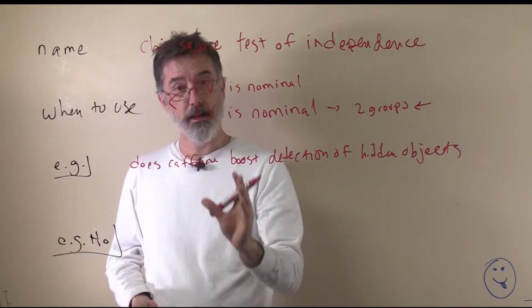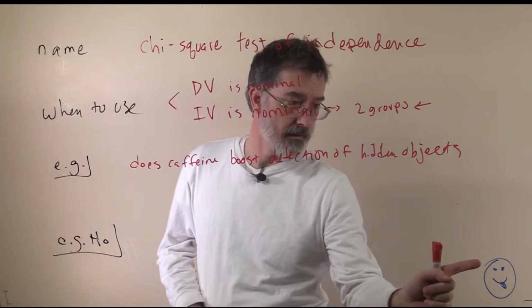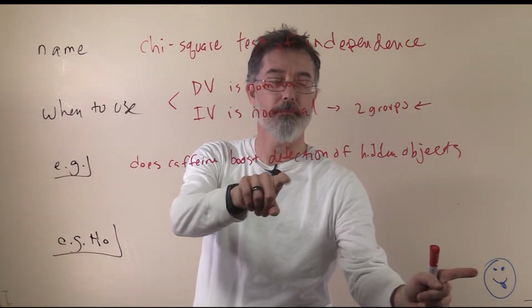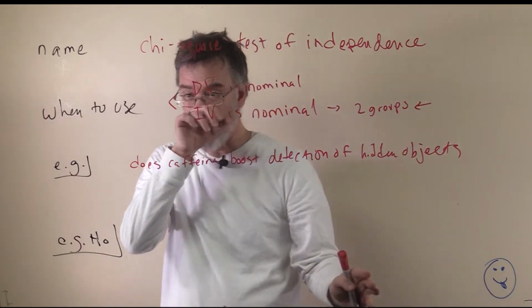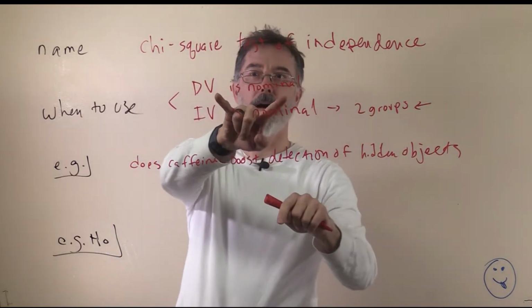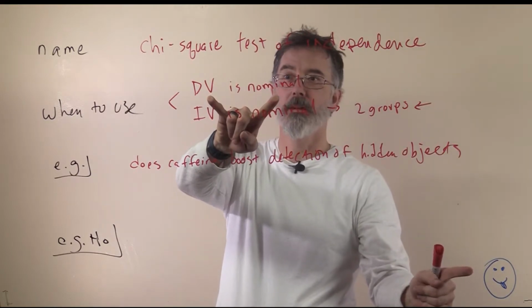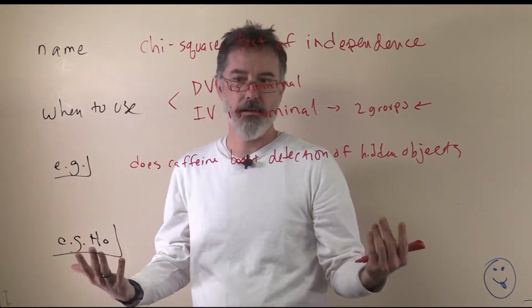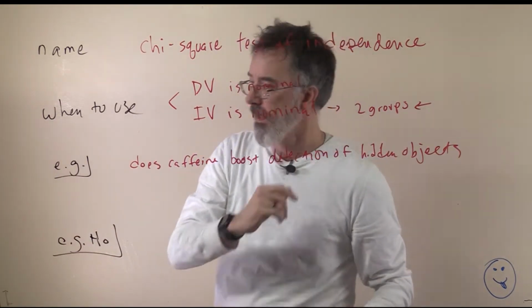And in this particular case, you're the participant because here is the hidden image. If you already noticed this smiley face, then you detected it. If you didn't notice this smiley face, then you failed to detect it. And so that's the outcome variable I'm going to use for this example, is whether or not somebody detected the hidden face. And the grouping variable is whether or not people had drank caffeine or not.